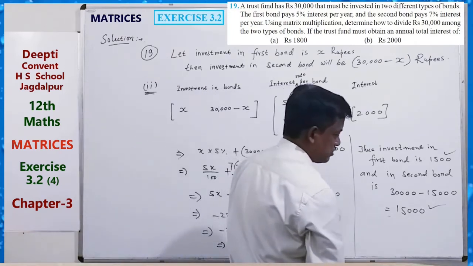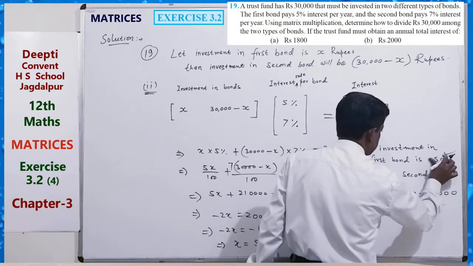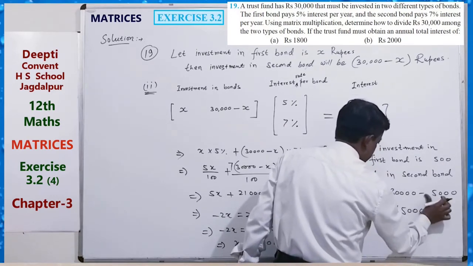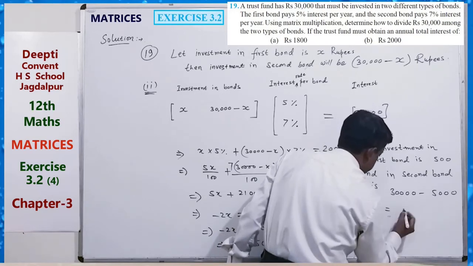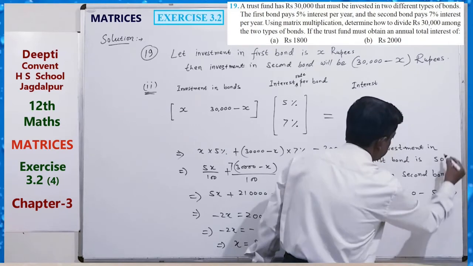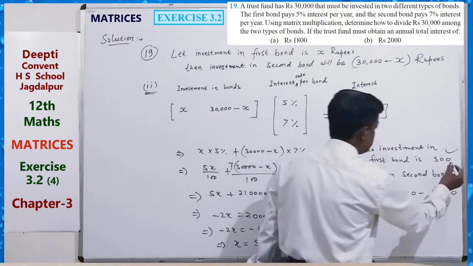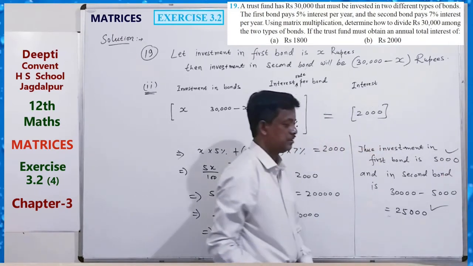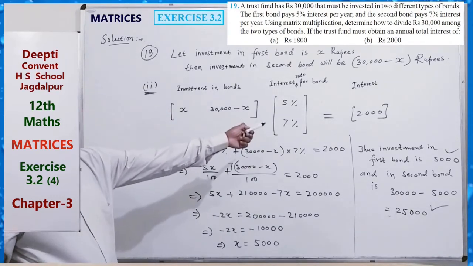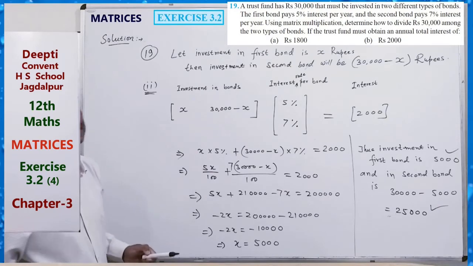So the first is 5,000, and the second will be 25,000. The matrix notation will be this.